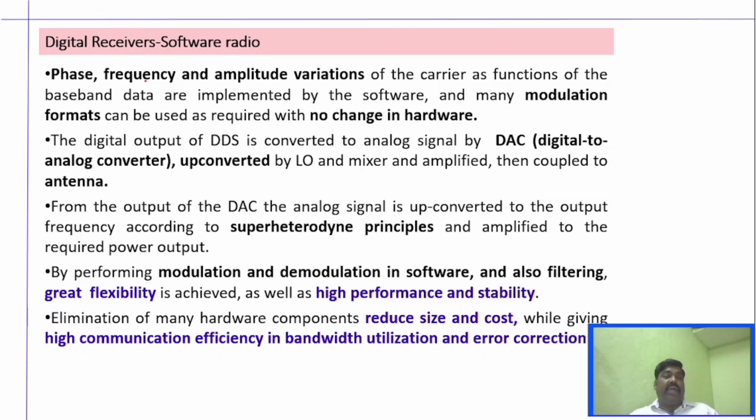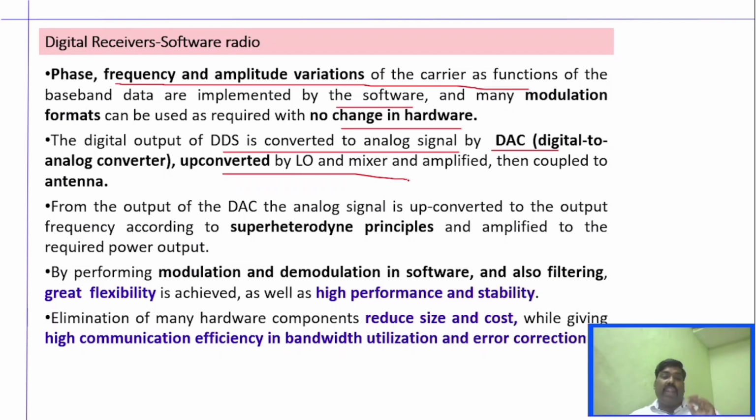As I said, the phase, frequency, and amplitude of the carrier function are implemented by the software, and any modulation can be used without a change in hardware. Similarly, the digital output of the DDS is converted to an analog signal by using a DAC, and then we use the local oscillator and mixer, which upconverts the signal and then it is transmitted, very similar to the super heterodyne principle, right?